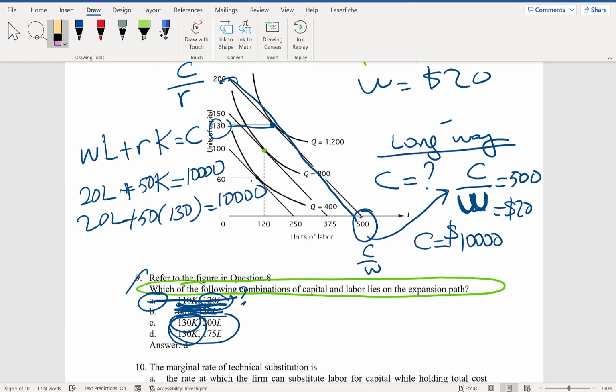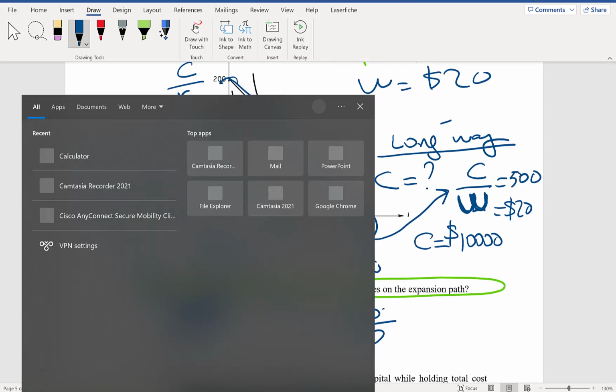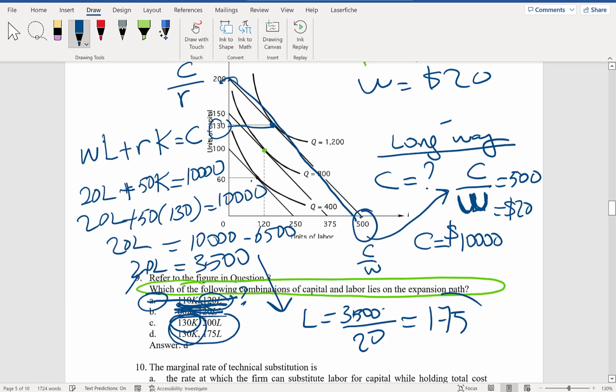So $10,000 minus $6,500 equals 20L, $3,500 equals 20L. Then L is going to be $3,500 divided by 20. So let's grab our calculator. $3,500 divided by 20, 175. This is the most reliable technique. So D is the correct answer.